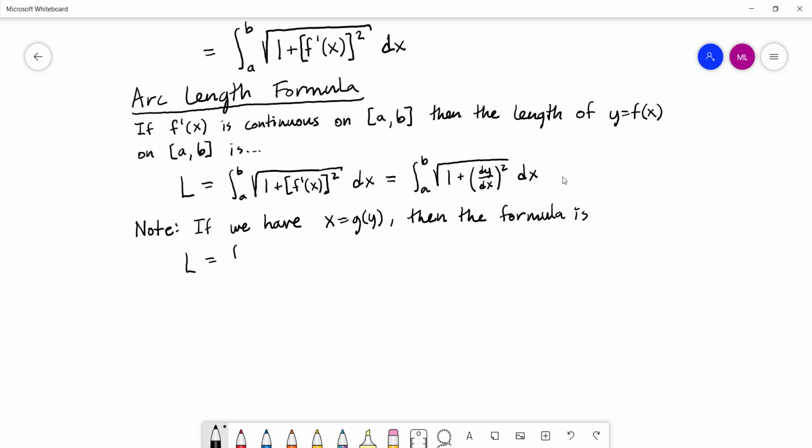L equals the integral from a to b, or I guess we can use different letters because these a and b were in terms of x, from x equals a to x equals b. These will be in terms of y.